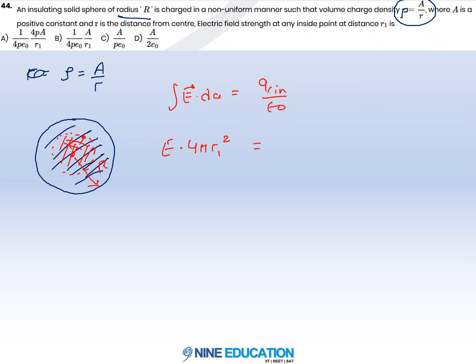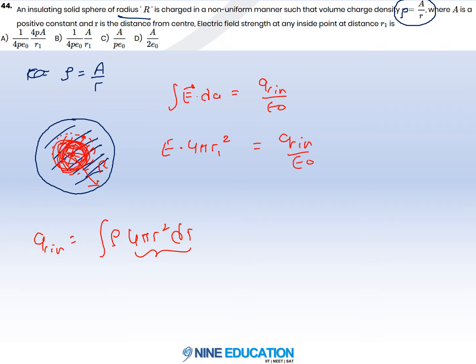There is no need to calculate total charge. What we have to find is the charge inside a sphere of radius r1. Q in is rho into 4 pi r square dr.